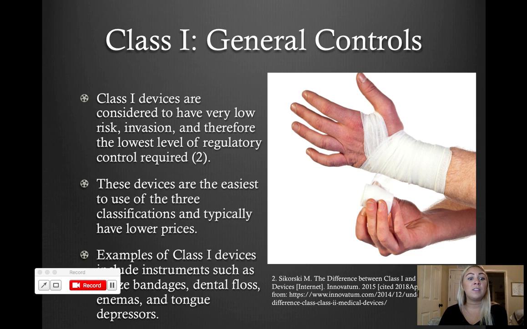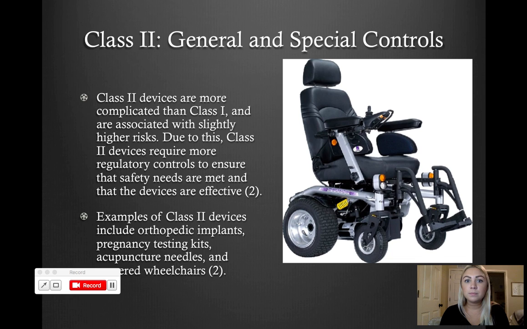These devices are the easiest to use of the three classifications, and typically they have the lowest prices, so they're not going to be super expensive products. Examples of Class 1 devices are bandages, like you see in the picture, gauze, dental floss, tongue depressors, things like that, kind of like disposable items.